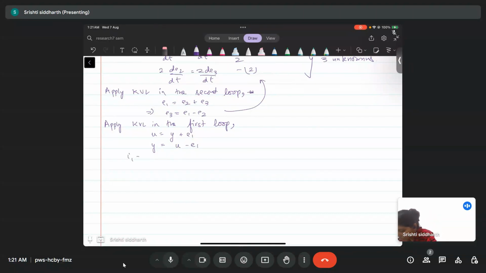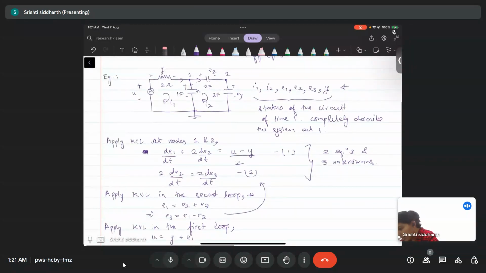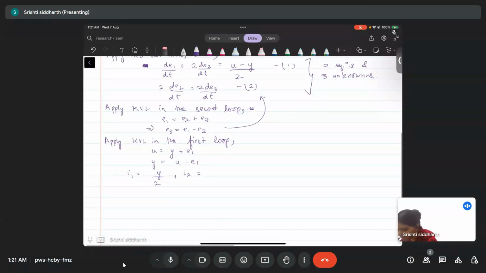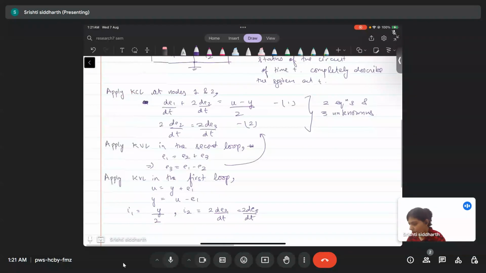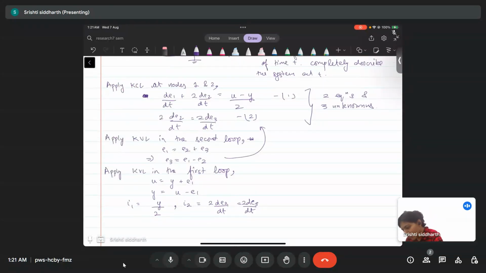So current in the first loop is just going to be Y over 2, and current in the second loop is going to be dE1 by dt or 2 times dE2 by dt. So it's going to be 2 times dE3 by dt. So we have equations 1, 2, then we have equations 3, 4, this is 5 and 6.